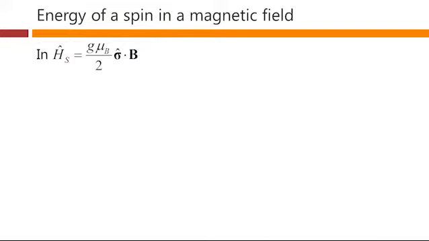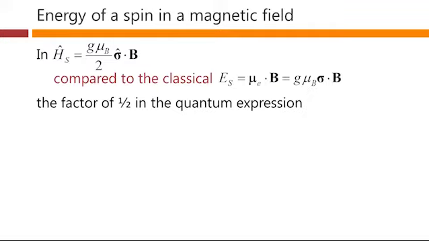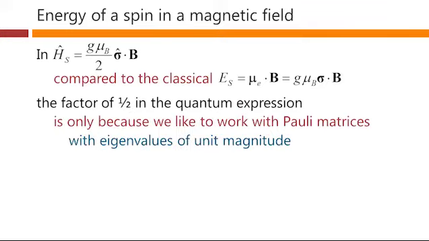As I said, in this expression here, we have a factor of 2 compared to the classical one. But this factor of 2, the factor of a half here multiplying this expression, is actually only because we like to work with Pauli matrices with eigenvalues of unit magnitude. It's just a choice that we made. We did not have to make that choice.